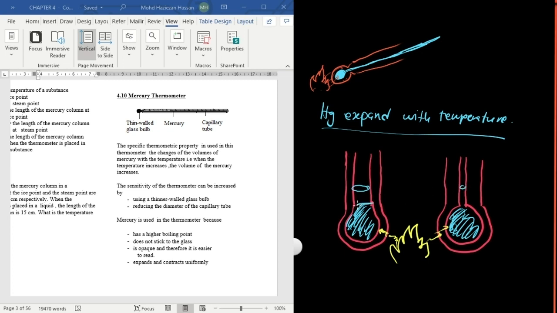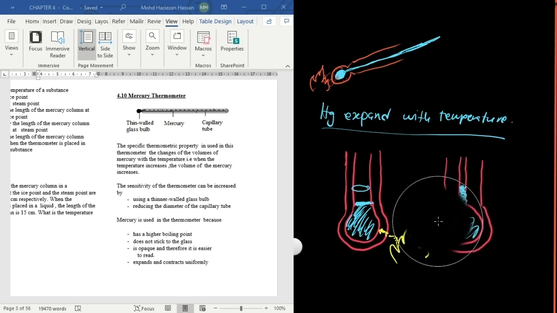Let's say this mercury wants to expand only 1 cubic centimeter, so it will rise until here. What about this one? 1 cubic centimeter, since the diameter is smaller compared to this one, will be higher. So this is how reducing the diameter of the capillary tube can increase the sensitivity of the thermometer.